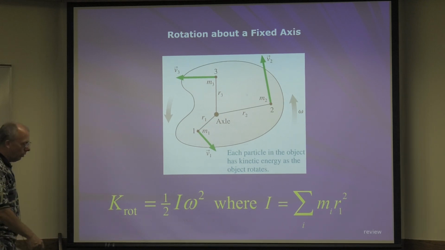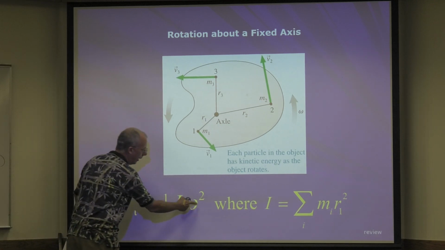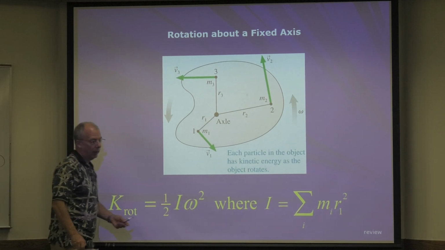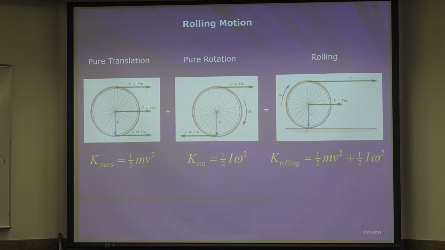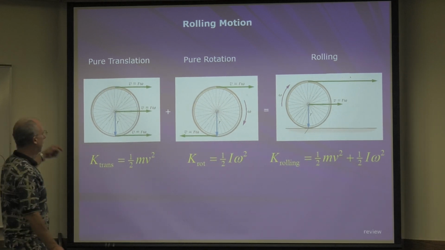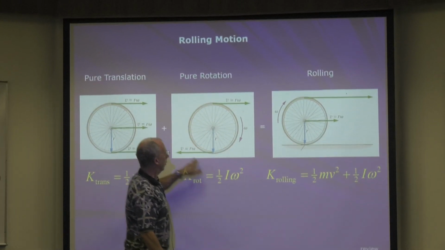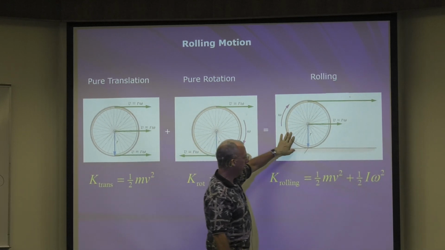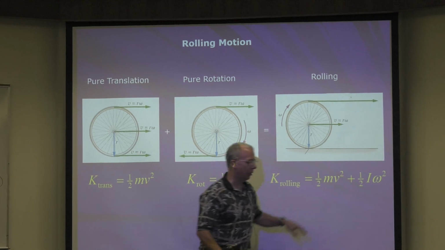We learned this new formula: the rotational kinetic energy is 1/2 I omega squared. And again, it's just like 1/2 mv squared. Rolling motion, we already talked about that, but now we have the different types of kinetic energy. Translational, 1/2 mv squared. Rotational, 1/2 I omega squared. But rolling is both this plus this, so you get both terms.